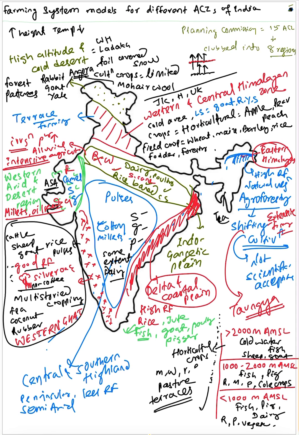So in the island zone, you can go for coconut plantation as the major crop, and with respect to livestock, you can majorly go for fish culture. So this is the thing with respect to the 8 regions which are allocating different farming system models for different climatic zones of India. Thank you.